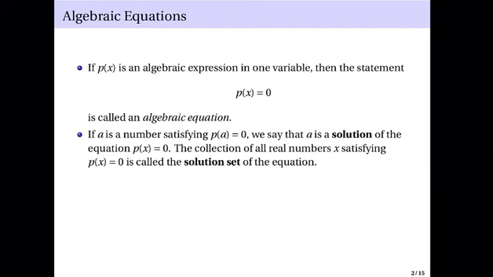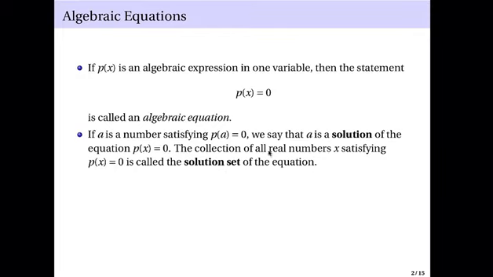Okay, now if you collect all those possible a's, and all of those a's are solutions to the equation p of x equals 0, then what you have is called a solution set of the equation. Okay, so the collection of all real numbers x satisfying p of x equals 0 is called the solution set of the equation.